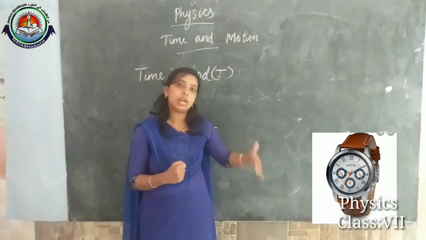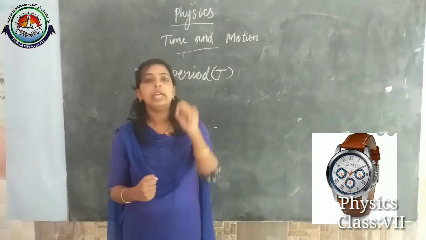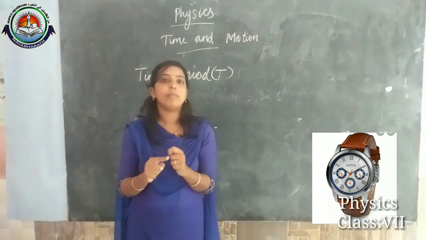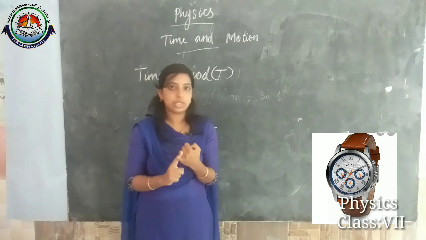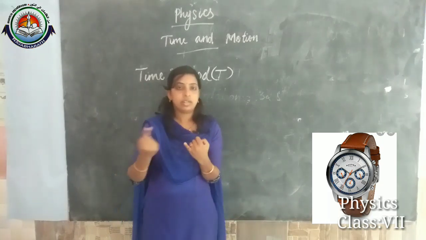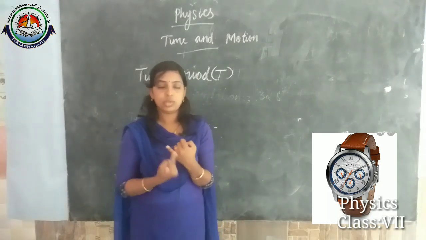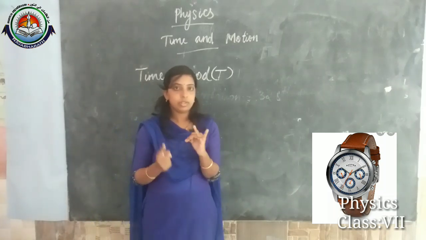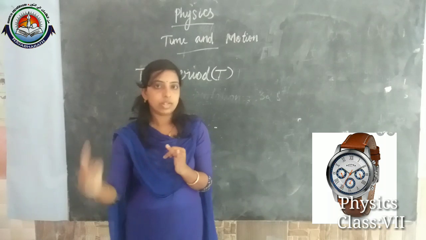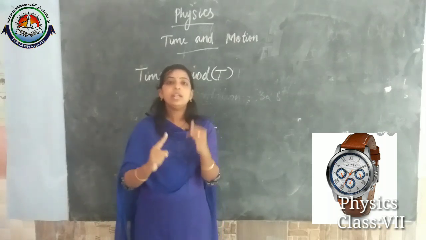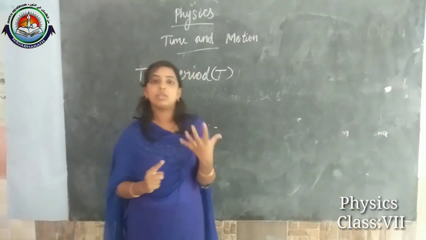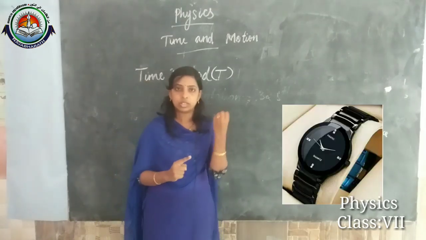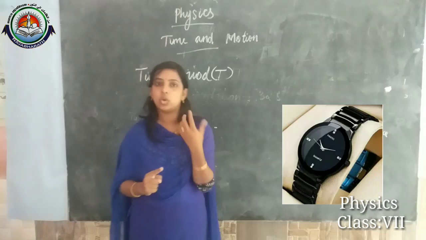Just as the pendulum controls the movement, in the wristwatch the balance wheel controls the movement of the hands of the watch. And that's all about the wristwatch. Then quartz watches and clocks are available. Mainly we are using these quartz watches or clocks.